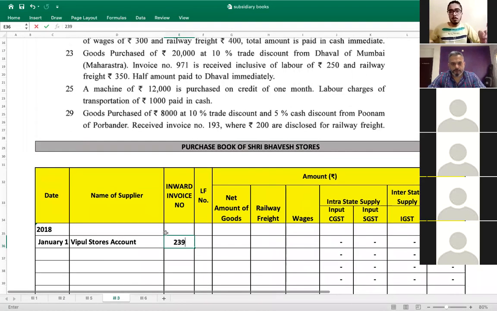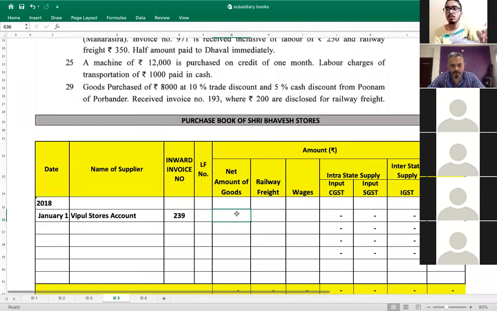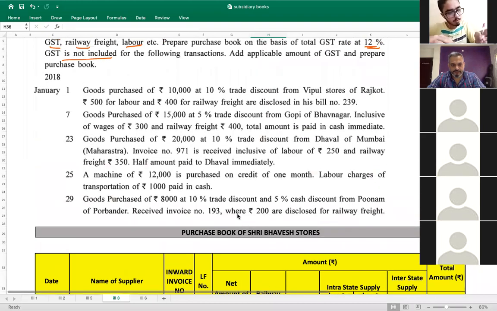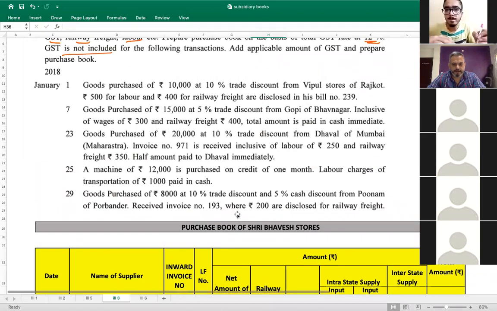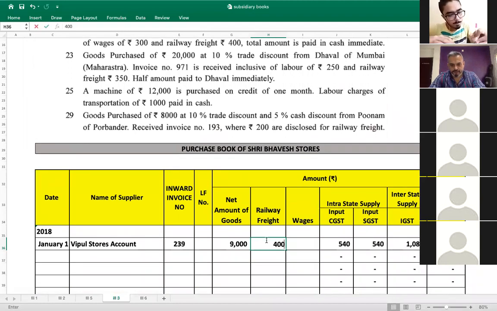Now, net amount of goods. You are buying goods of 10,000 at 10% trade discount, so net amount of goods is 9,000. Railway freight is 400 and labor, that is wages, is 500.